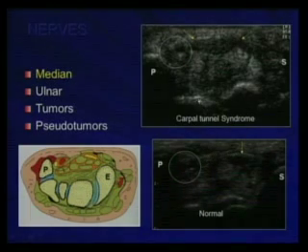So what we do for carpal tunnel syndrome, we measure the cross-sectional area of the median nerve at the carpal tunnel inlet, and we consider 10 square millimeters as normal, because usually you have a pre-stenosis dilation of the nerve.